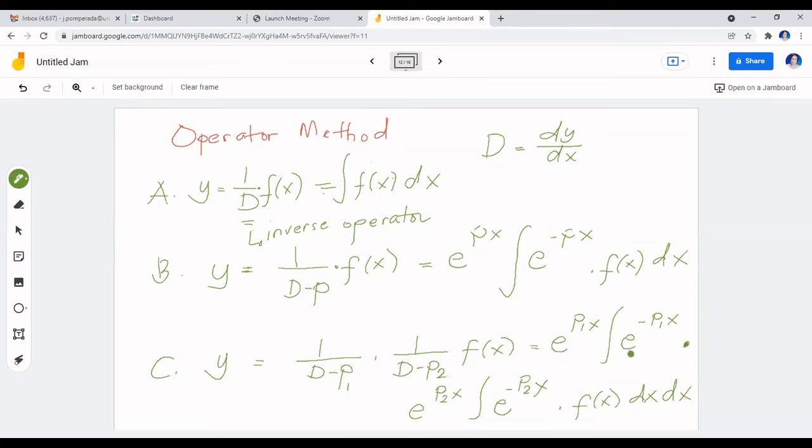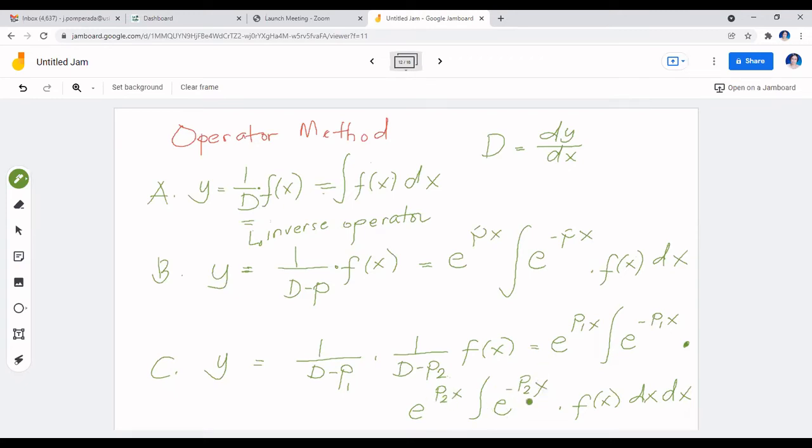Of course, the exponential function that should be written after the integral should be negative. If this 1 over d minus p2 is not here, you will right away write here f of x dx. But since you have the second one, you will again write the same form like this, but this time it's p sub 2x for the e. Then you have another integral, and you will have e raised to negative p sub 2x.